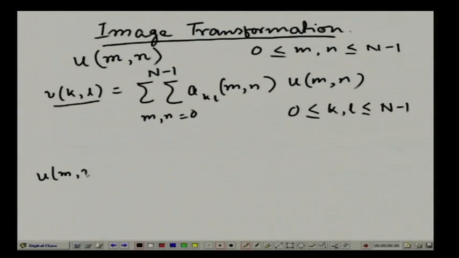In this case u m n will be equal to, again, the double summation of A star k dash L dash into A star k L into, let me rewrite this.